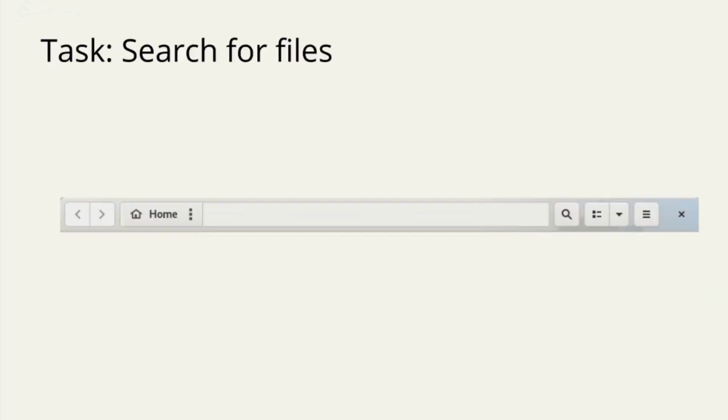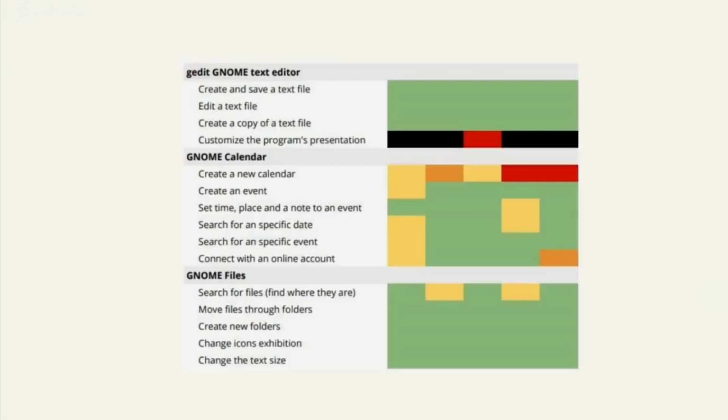It's like he thought it was a browser or something like this. It would be an interesting approach to search for files, I guess, but they removed this part here on the top.